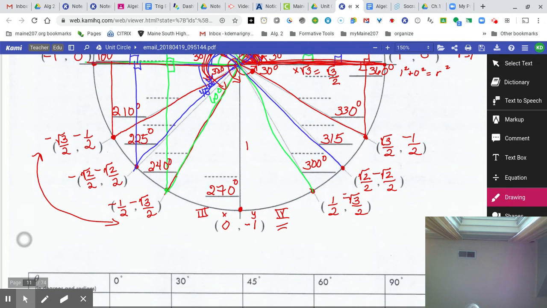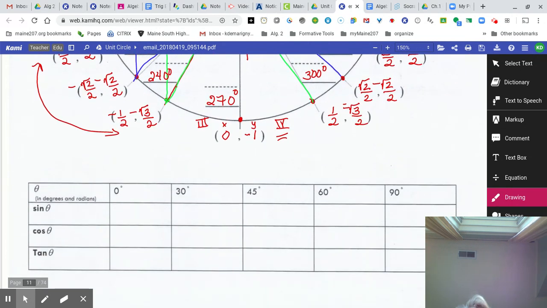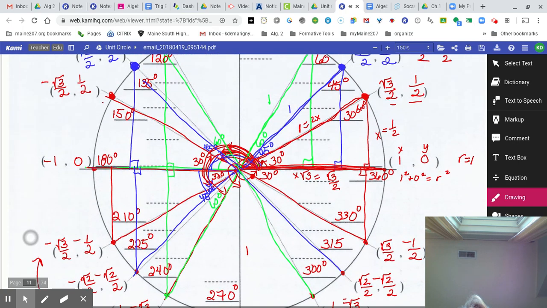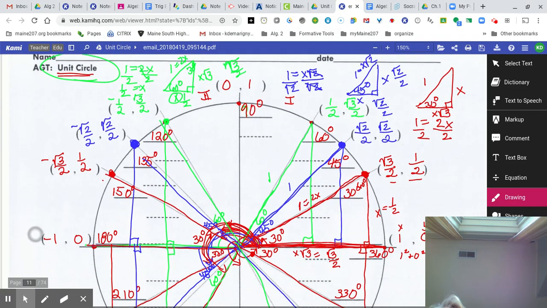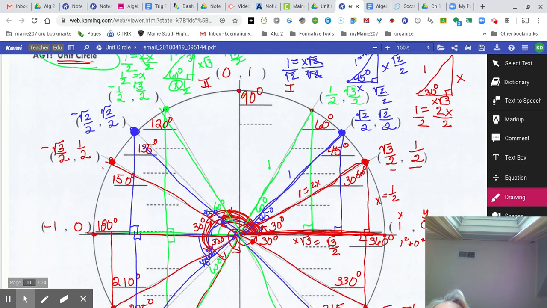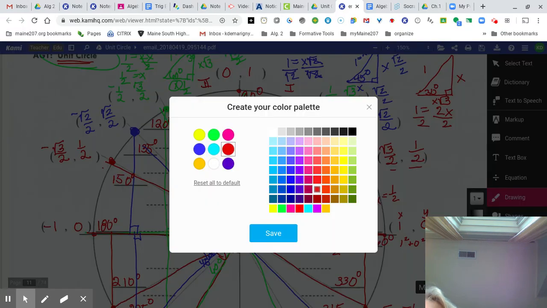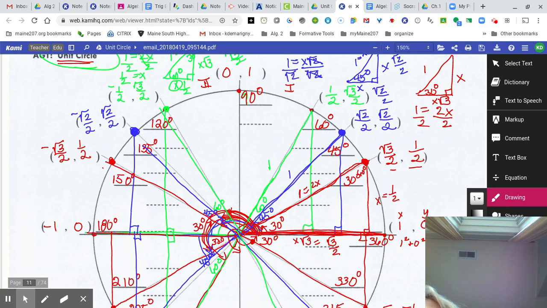The last thing I need to teach you is how to know your sine, cosine, tangent really, really quickly. The cool thing about this unit circle is that it is always in a specific order. All of these ordered pairs that you see are always, always, always in the order of cosine theta, sine theta.